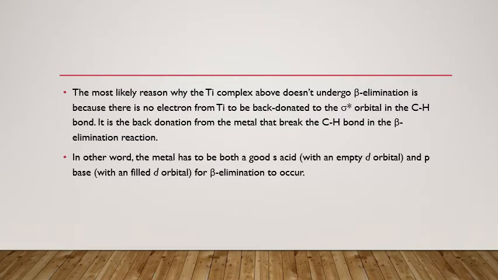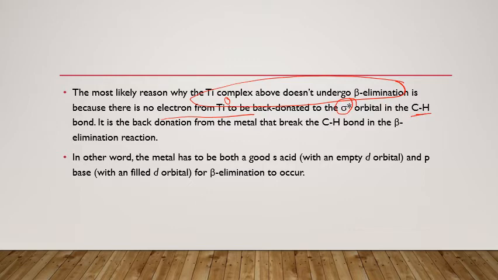The reason why the Ti complex doesn't undergo beta elimination is because there is no electron from the Ti, since it is empty, to be back donated to the sigma star orbital in the CH bond.